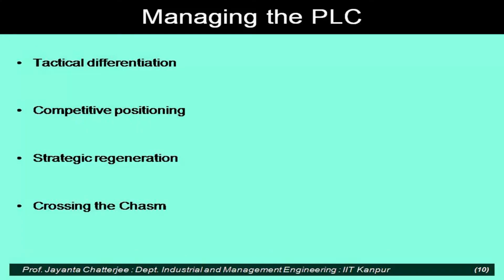That means new segments of customers, harvesting different kinds of possibilities within the product. So these are the steps in managing the PLC, that means managing your sales communication package depending on the PLC situation.